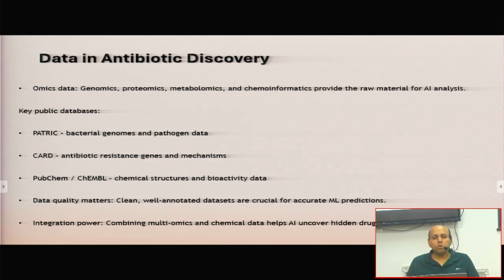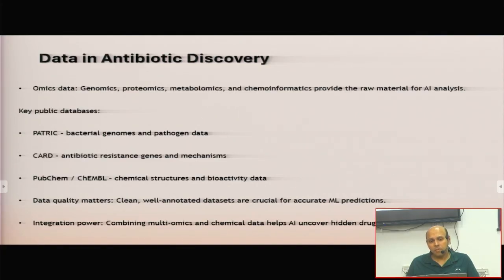Then we have proteomics, the proteins, identifying which proteins are enhanced in what kind of diseases. Metabolomics, the metabolic pathways that are there. Then chemoinformatics, chemical biology along with information technology, for example, computer science as well.